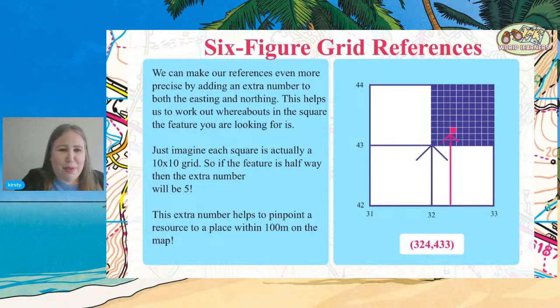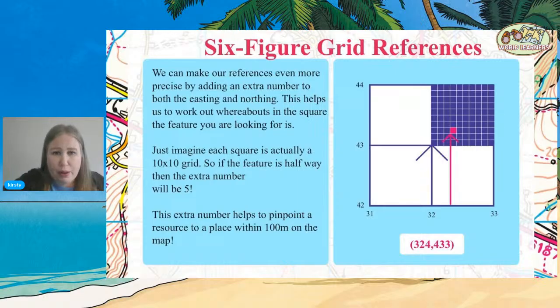And then we've got 6-figure grid references. The 4 figures will only get us so far. What if we really want to zoom in even further? We can make our references even more precise by adding an extra number to both the easting and the northing. This helps us work out the whereabouts of a particular point within the square that you're looking for.